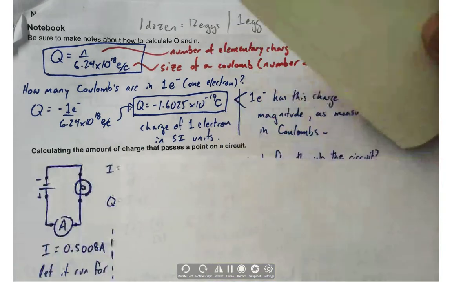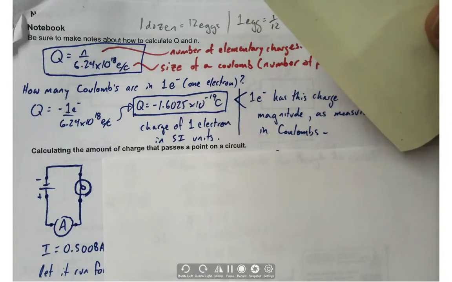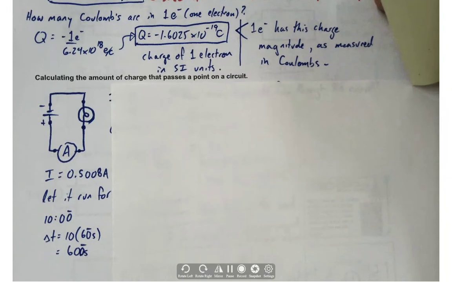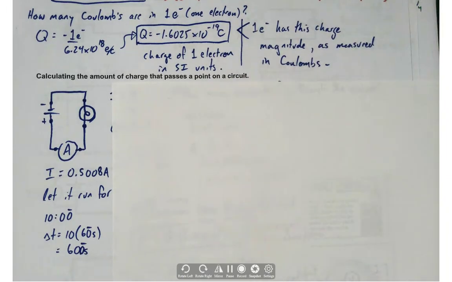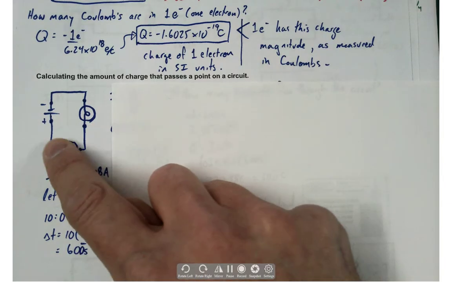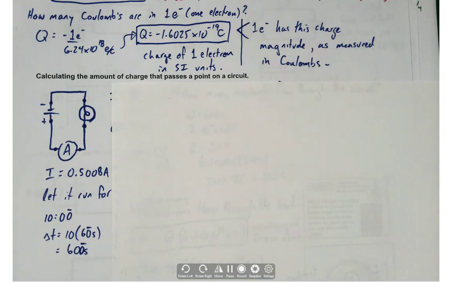Now, I'd like to take a look at a circuit. I have this circuit that's been defined here at the left-hand side. It's a basic circuit like what we've been talking about before. It's got a light bulb, an ammeter, and an electrical source, and we're going to run 0.5008 amps.